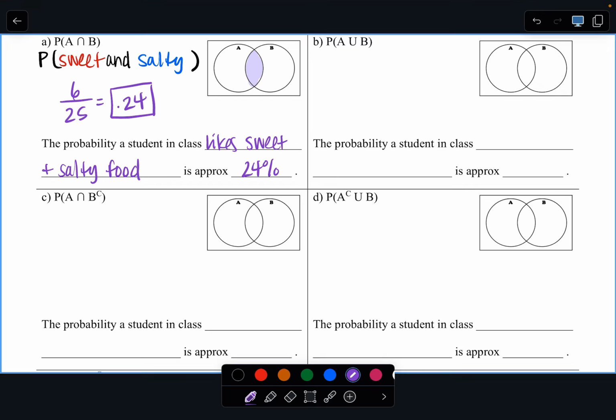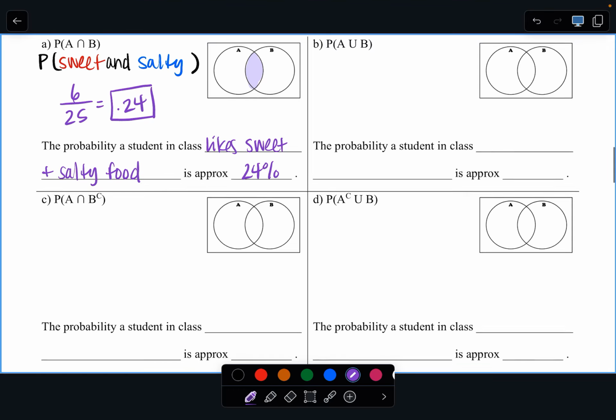I personally think that it's better to have percentages in sentences because it makes a little more sense, like if you were saying it out loud. So if you were to say the probability a student in class likes sweet and salty food is approximately 24%, that makes sense. But usually when you say approximately 0.24, it doesn't roll off the tongue. So that's why I convert to a percentage.